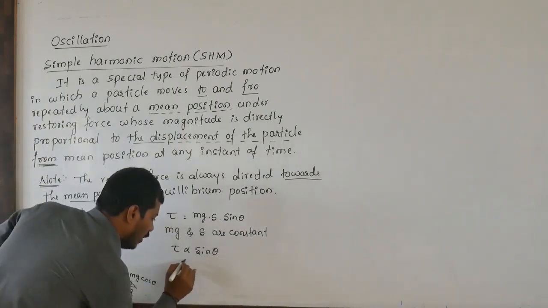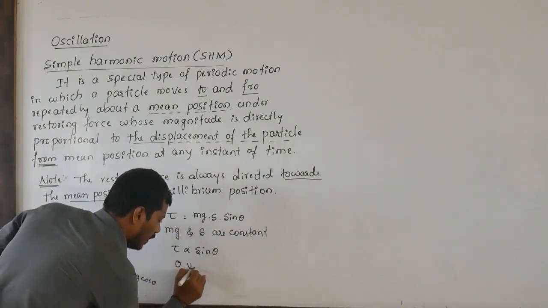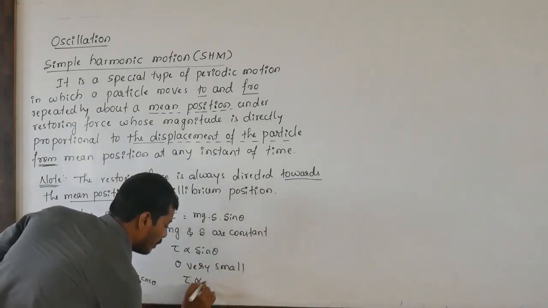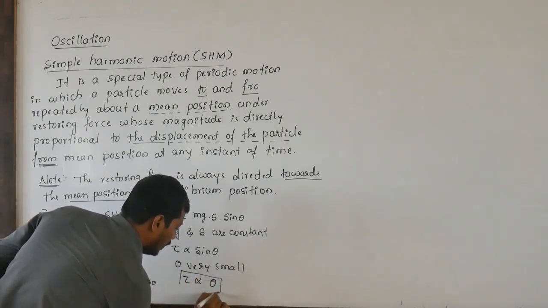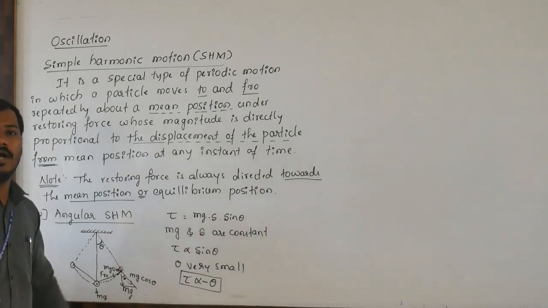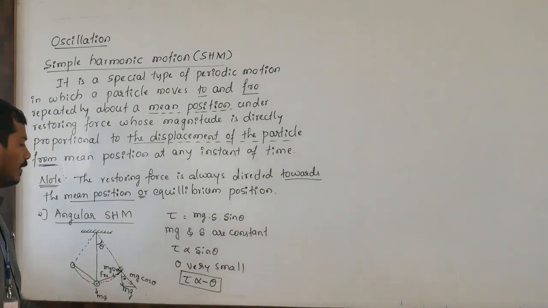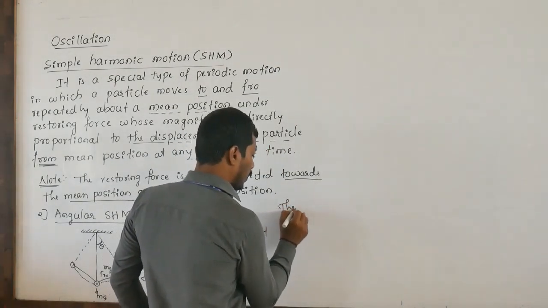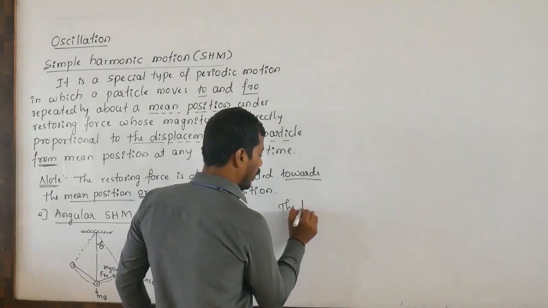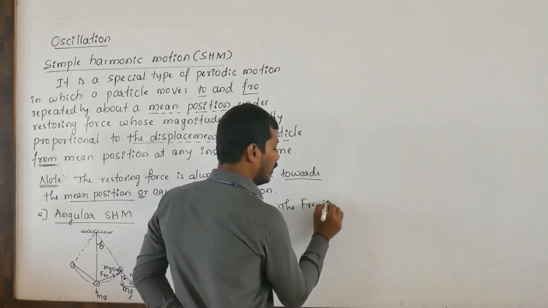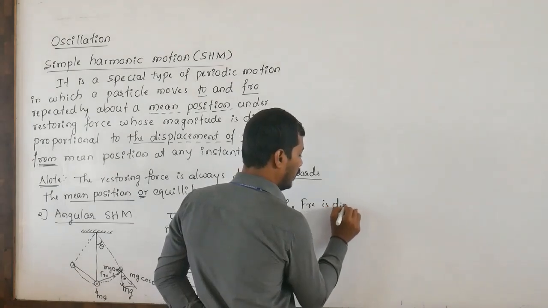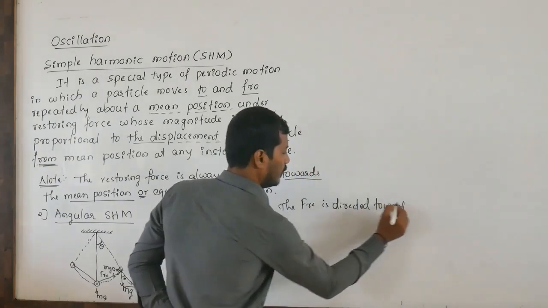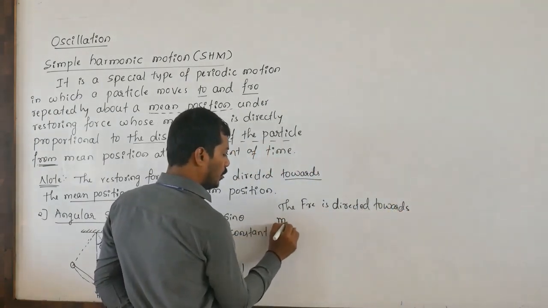Okay, now if theta is very small, what happened? This torque is proportional to theta, but this theta should be minus. Why is it minus? This is minus because the restoring force F is what? Directed towards the mean position.